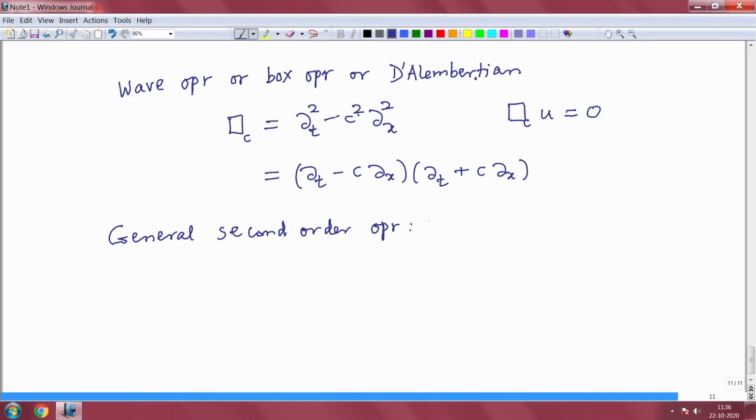Namely, instead of plus c and minus c, now I consider c1 del x, and so on, where we take c1 not equal to c2.